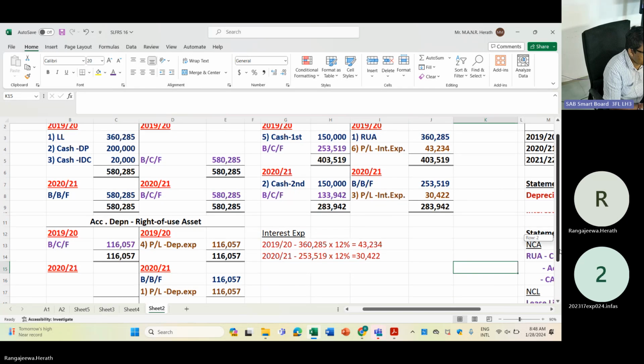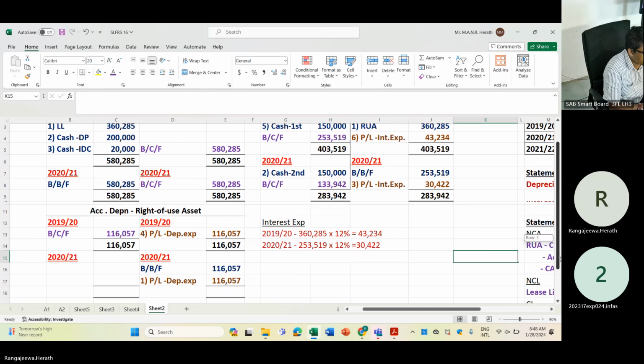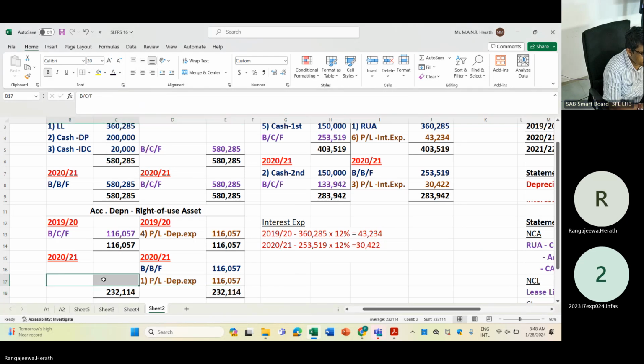Right of use asset. Accumulated depreciation. You can have the carrying forward balance of 232,000.